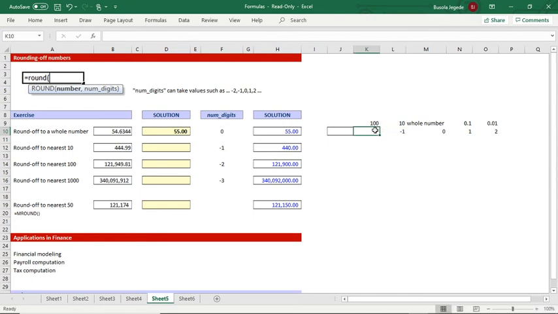For nearest 100, it would be -2. So I just want you to have an idea of the correct number that you should enter. Moving this way, it would be 3, 4, 5. Moving here, -3, -4.